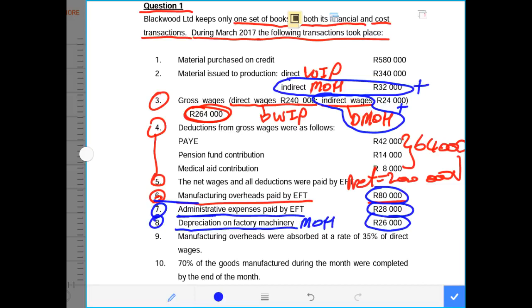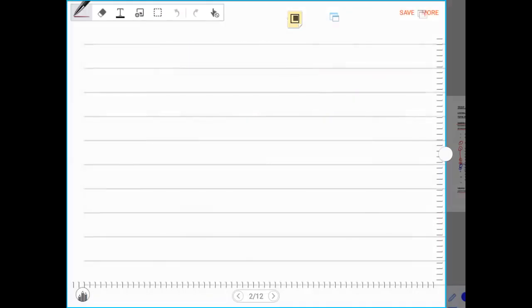We know that from cost and management accounting 1, that it is a manufacturing overhead expense. So once again, our manufacturing overheads will have to increase on the debit side by the amount of the depreciation, which is to be recorded as depreciation of 26,000 rands.